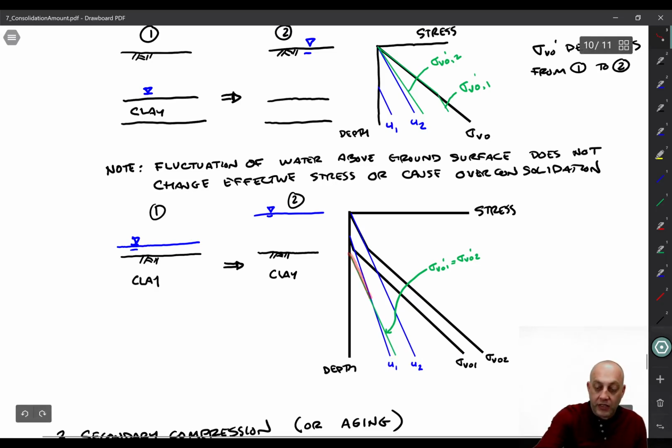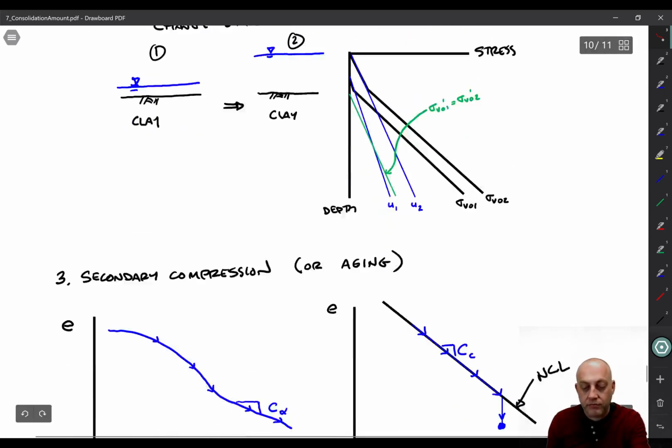Therefore, you get this green line for the effective stress, and they're the same. Sigma V naught 1 prime is equal to sigma V naught 2 prime. So tidal fluctuations, anything like that, does not change the effective stress in the soil. It has to be fluctuation of the water below the ground surface.